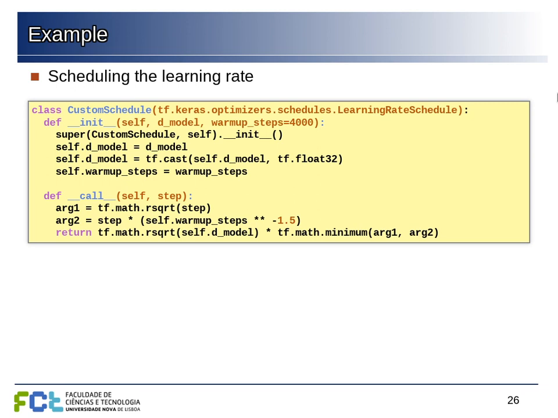What we are doing here is we have a learning rate that is the square root of the depth of the model multiplied by the minimum of these two, so this is something that scales with the depth of the model as the number of steps increases. But this is something that you can write your own if you want.